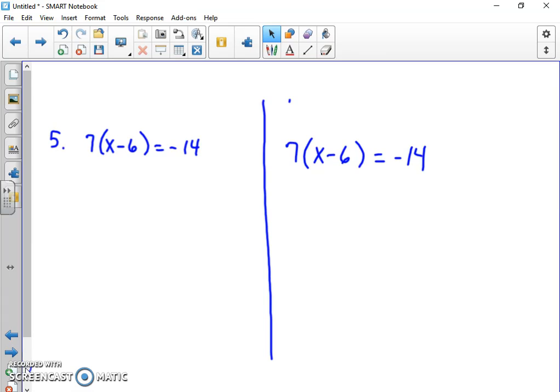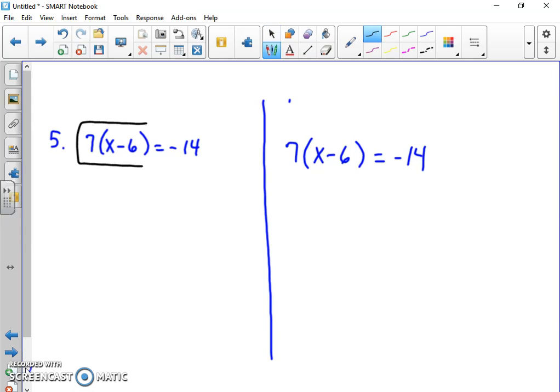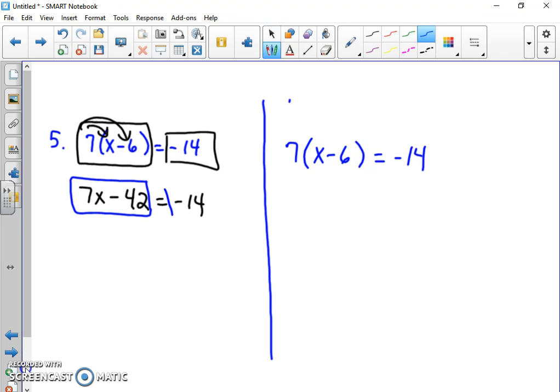So let's put boxes over here, see if there's anything we can do inside the box. And yes, we have distributive property. So 7x and 7 times negative 6 is negative 42. Boxes just to double check, see if there's anything we can combine. All right, I don't see anything we can combine, so let's start solving to get that x by itself.